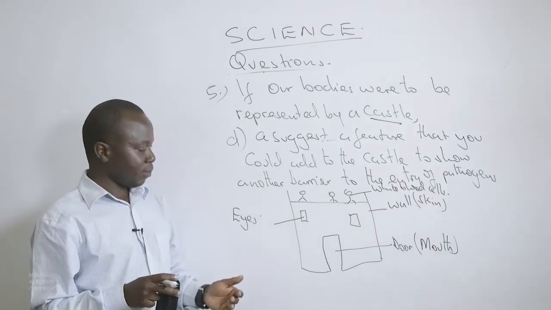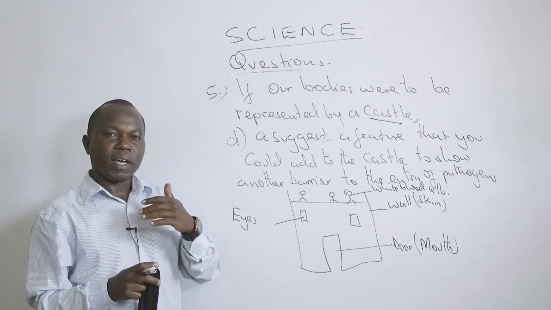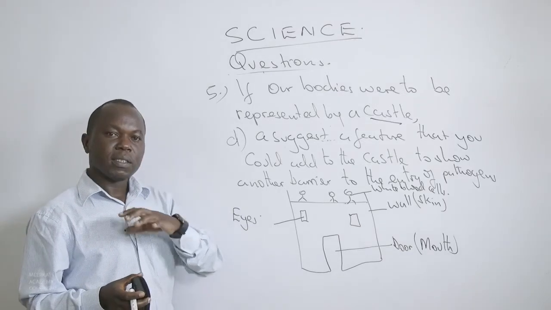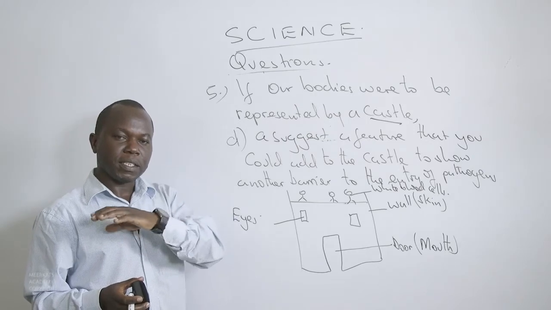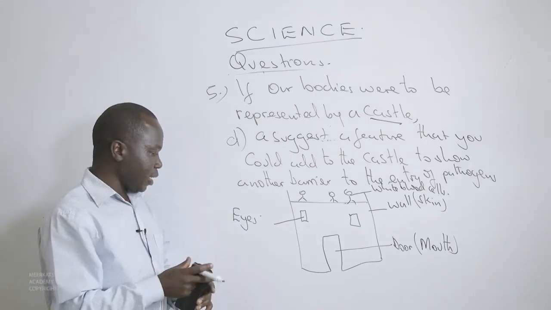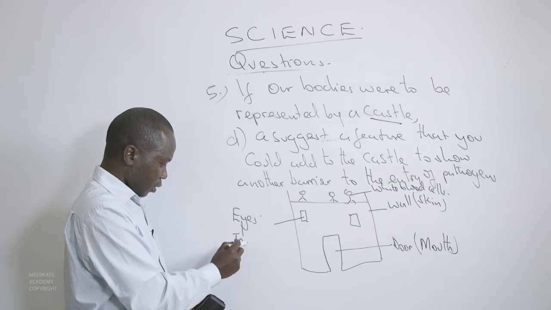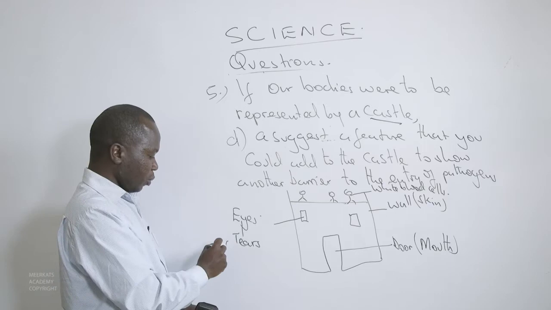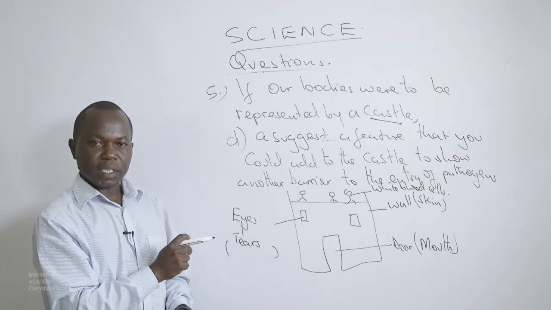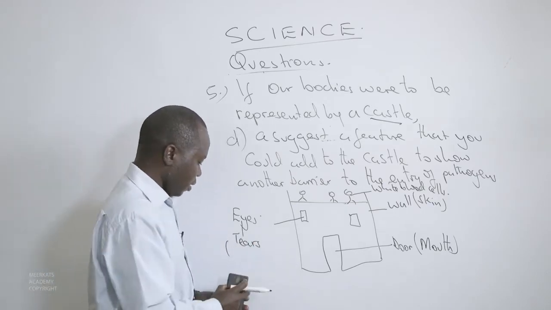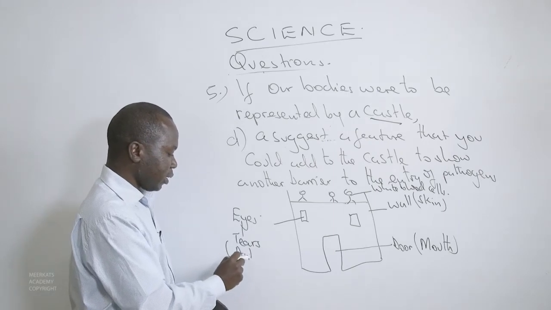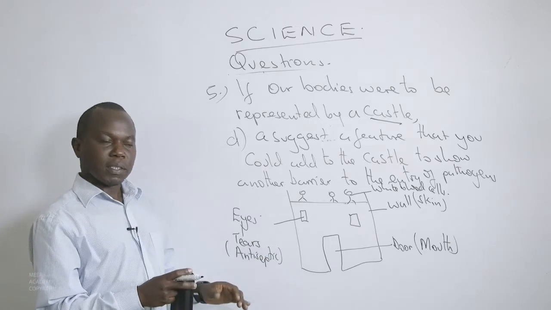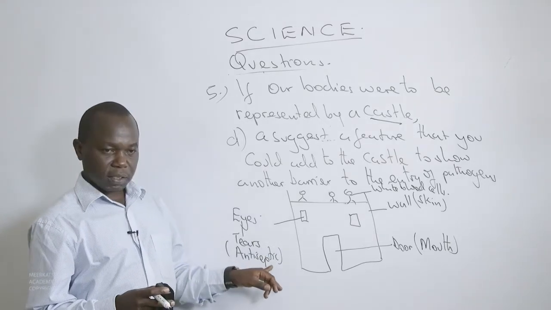We have looked at how the eye functions. The structure of the eye, we said, has tear glands, and it produces tears. But there was one description very important for the tears. Tears, we said, are usually antiseptic, which means they are able to kill pathogens.